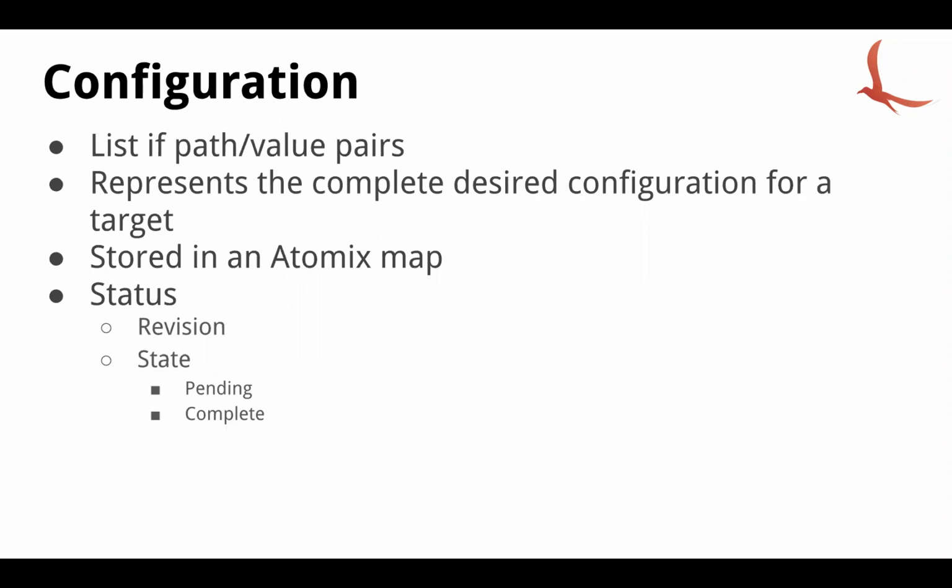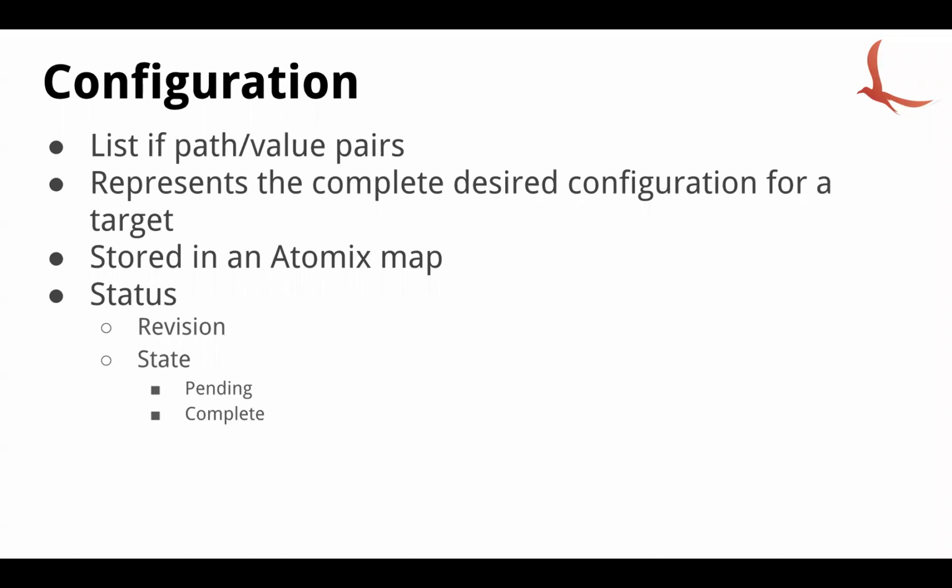So the idea here is that rather than taking a transaction and creating a per-target log that just matches the transaction log, for each target the transaction log gets turned into the desired configuration for the target, which is much more consistent with the level triggering paradigm, like I mentioned.